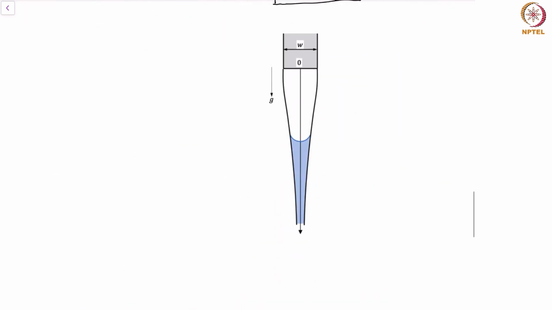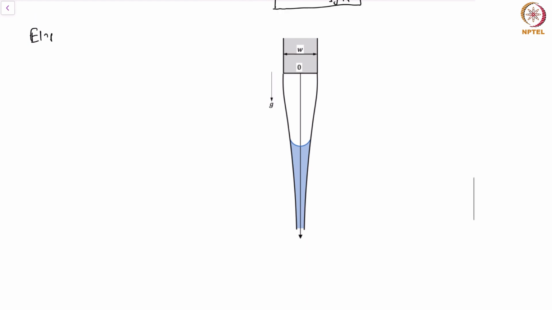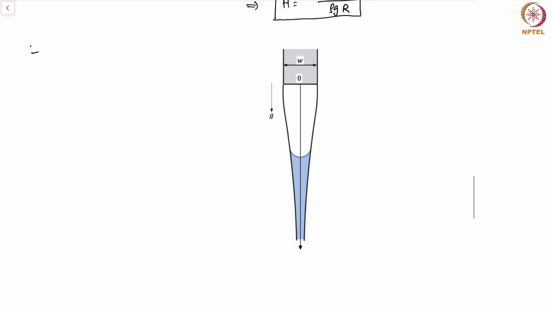Now let's consider a system like this. I will show an experiment in a minute. This is elastocapillary rise, you can say it's imbibition, or elastocapillary rise. Okay, now the idea is the following.